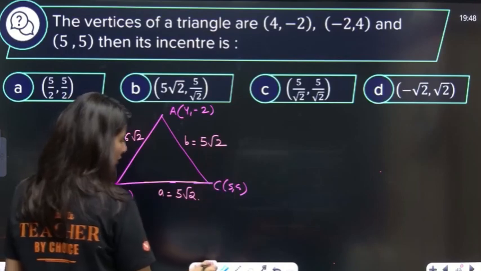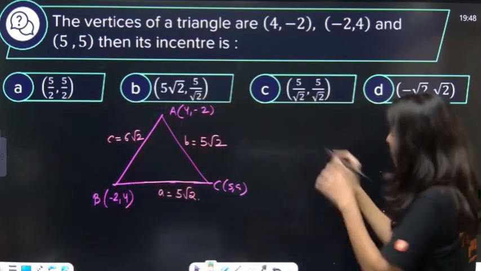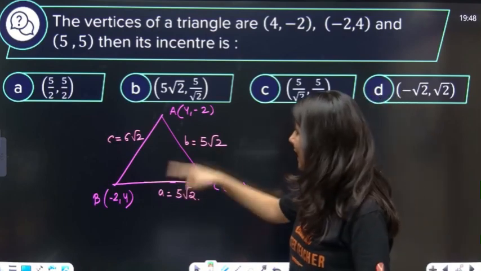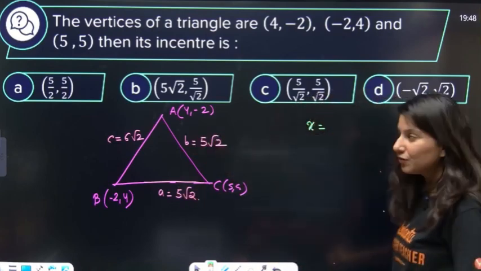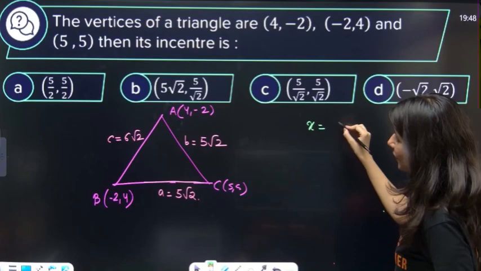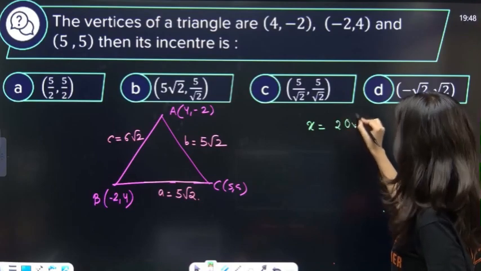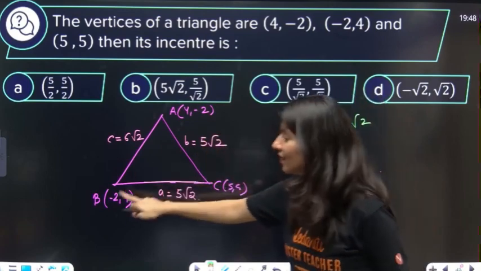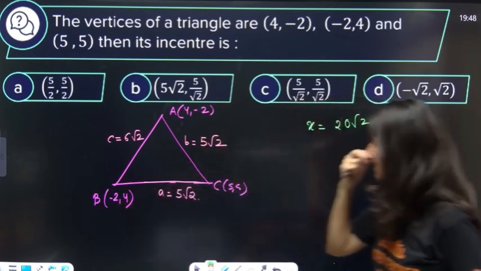I think the question has become easy for you. X coordinate, everybody. Do not write the formula. Just write this: a x1, so 5 root 2 into 4, is 20 root 2. Then b x2, so minus 10 root 2.